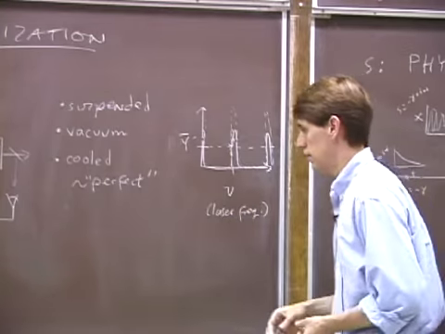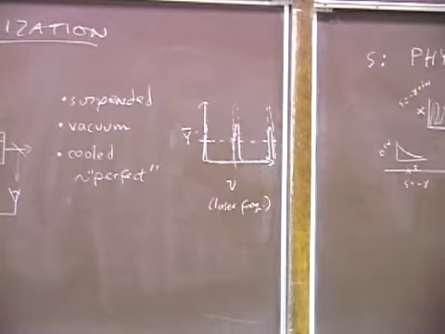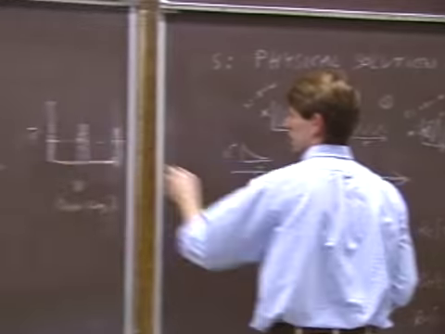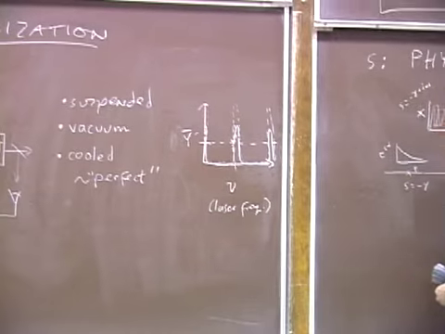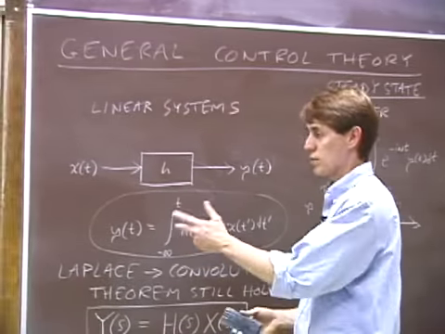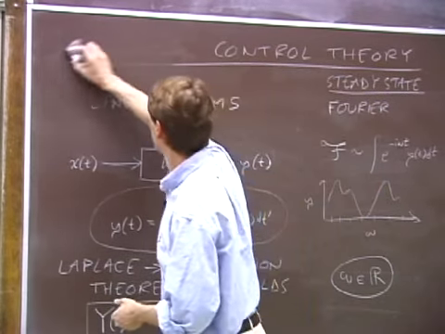We need to do better than that. And the conventional way that we do that is that instead of side locking to a transmitted beam, we want to lock to 0 and hold it at 0.